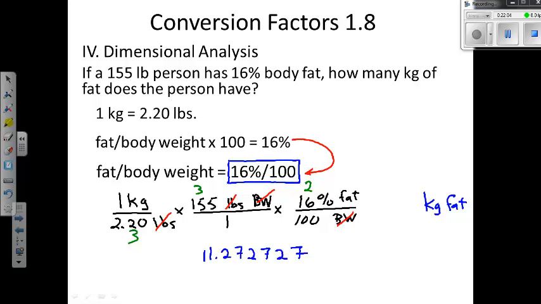So really we only have 2 significant figures, so 11 kilograms of fat for 155 pounds per person. So we converted pounds to kilos and then multiplied that times the amount of fat per body weight. And units cancel out, and so on that happy note, we'll finish the lesson.